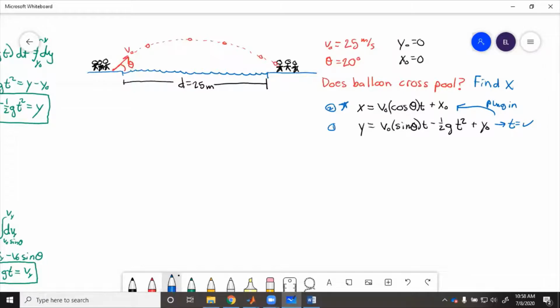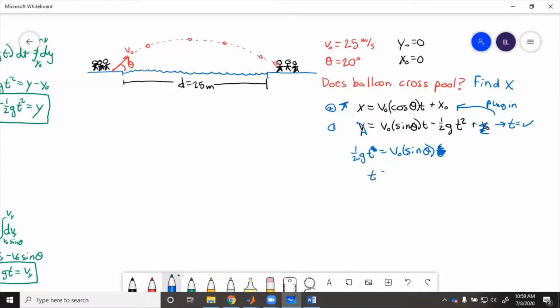So finding time from this one, we know that final and initial y heights are 0. So then 1/2 gt squared equals v initial sine theta times t. But now there's a t on each side we can cancel. So get rid of this t, get rid of the squared.